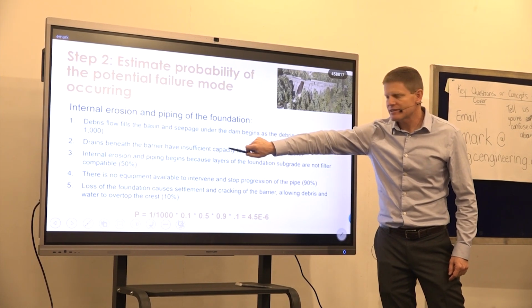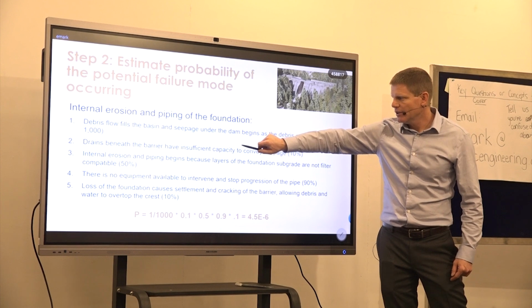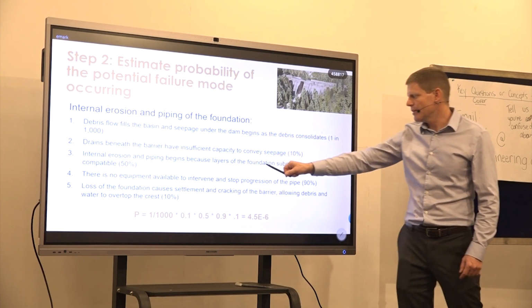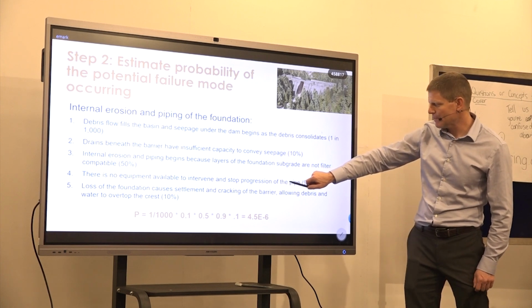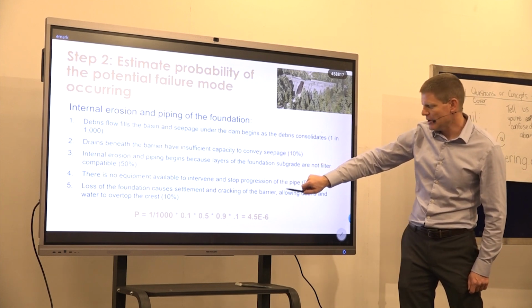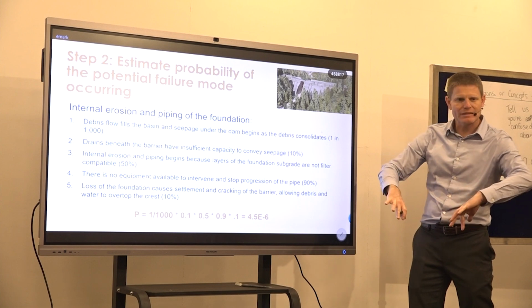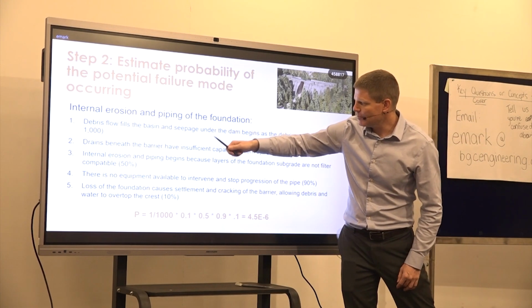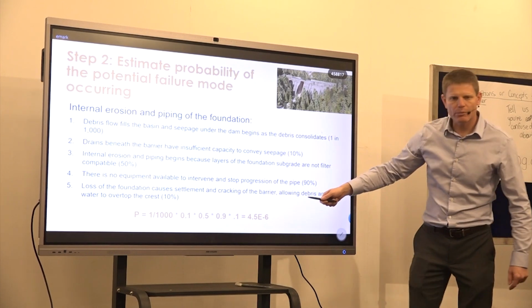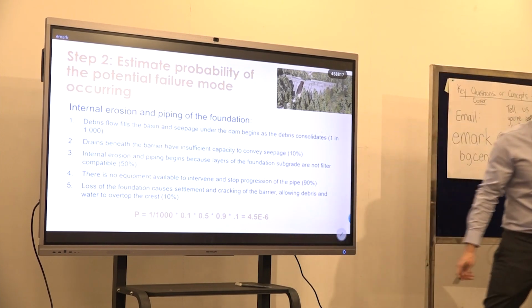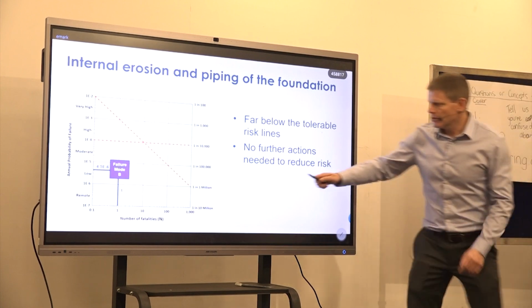You have to have drains underneath that are not big enough. Then you have to have internal erosion and piping that occurs. And then there's no equipment available to stop the progression of the pipe. And then you have to have the whole barrier collapse. And when you assign a probability to each of these and multiply them together, you get this really small number, 4.5 times 10 to the minus 6, which you can plot here.